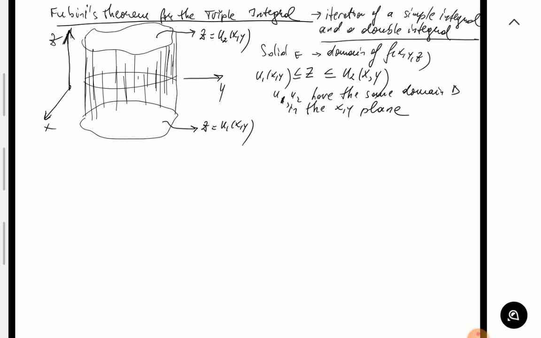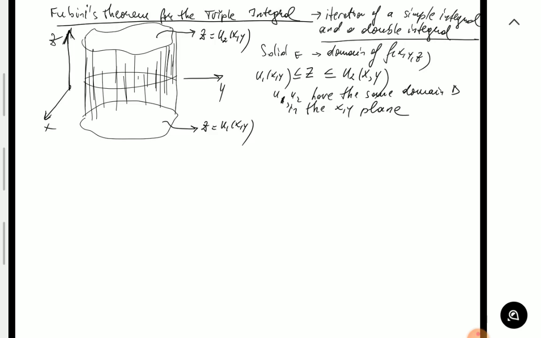This will be the innermost integral, because it's basically splitting the domain with these, let's say, thin spaghettis, if you want, right? That run from u1 to u2. As long as those two surfaces have the same domain, then Fubini's theorem applies.